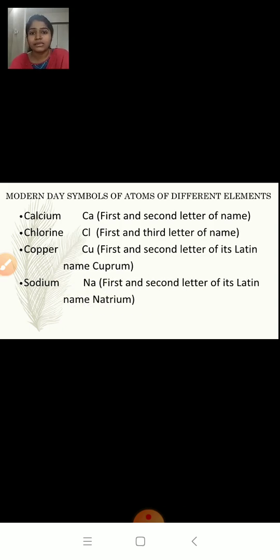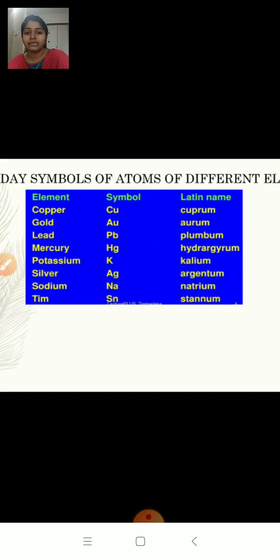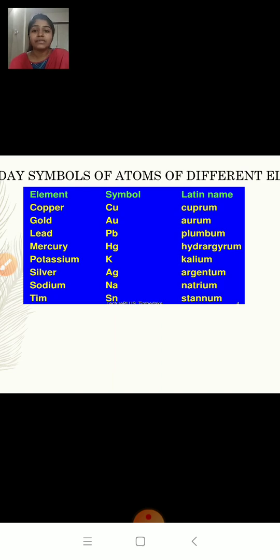Sodium. The sodium symbol is Na. But in sodium we don't have N, nor A. So the symbol is taken from its Latin name, that is natrium. You can see the first and the second letter. So these are symbols of elements which are derived from their Latin name.